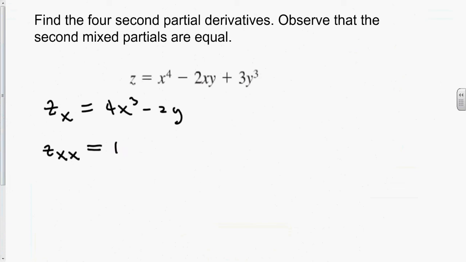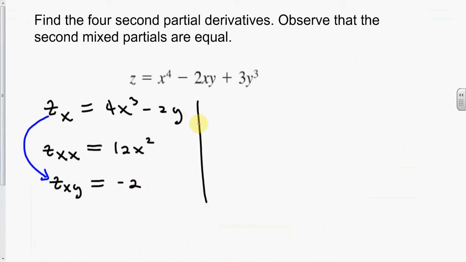So this is 12x squared. What about the partial of z with respect to x, then y? For this one, this guy works off of the partial of z with respect to x. On that, I find now its partial with respect to y. That just gives you minus 2, indeed.